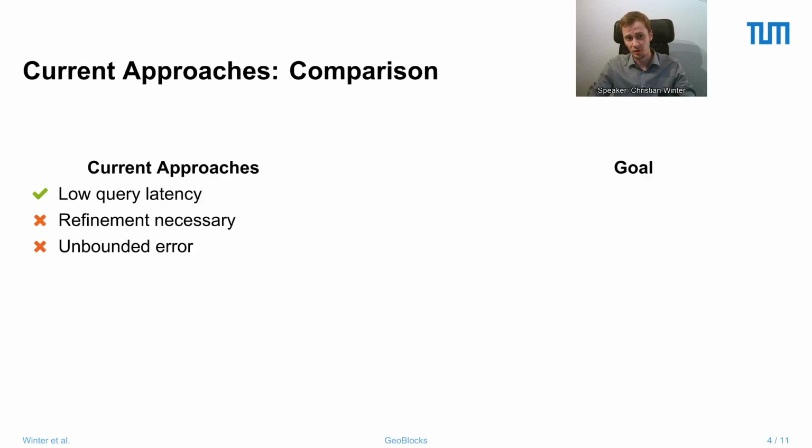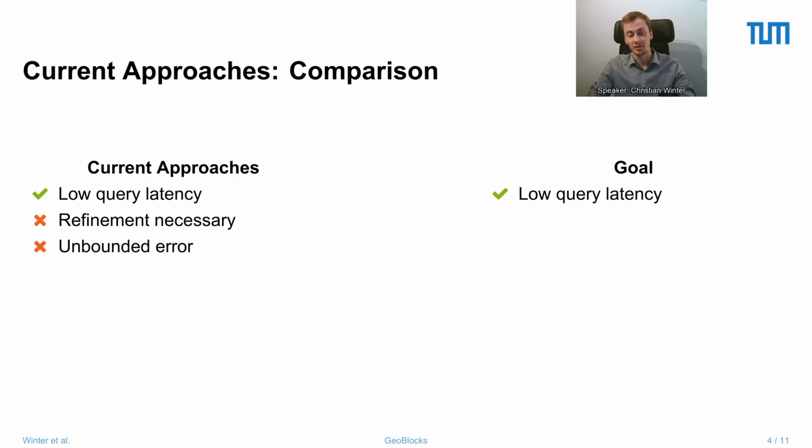So the current approaches already have the low query latency we want through pre-aggregation. So we obviously want to keep that as well for our approach. But you saw that the rectangular approximation of the polygon in the beginning can be problematic, and we have to deal with issues like overlapping nodes in parts.